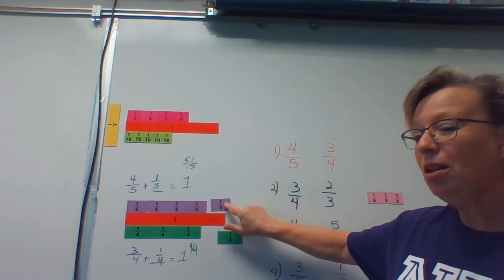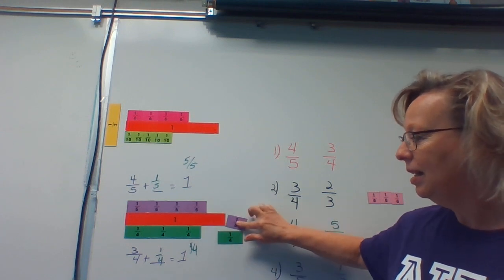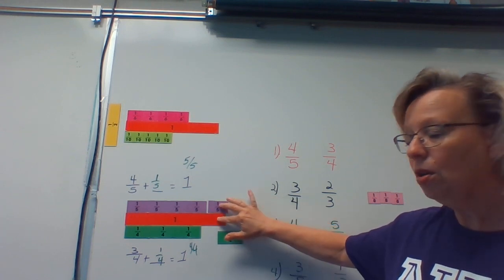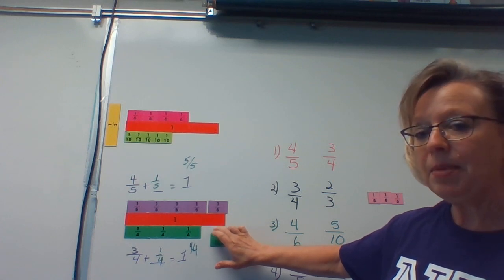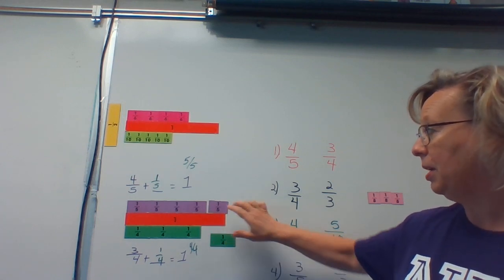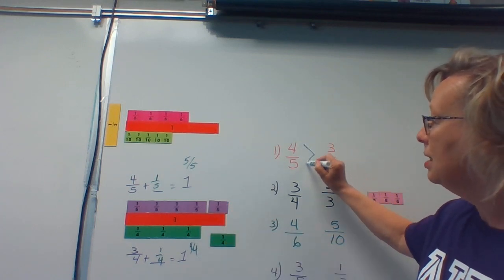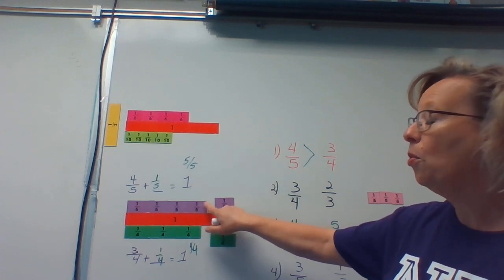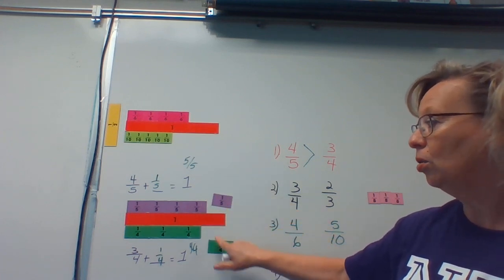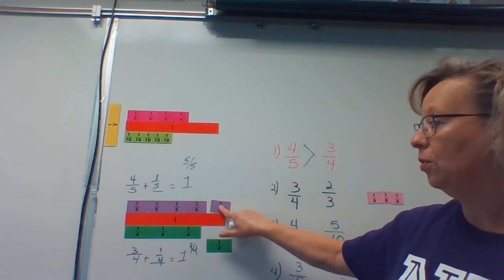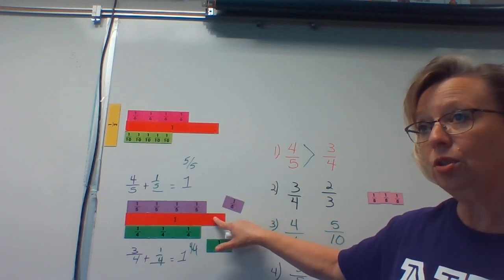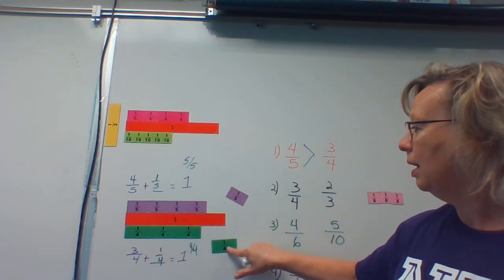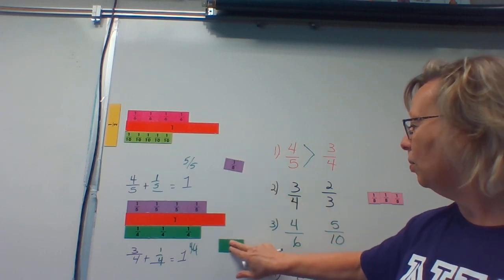This is the smaller piece, so it's closer to the whole than by missing 1/4 of the piece. So in this case, 4/5 is greater than 3/4 because 4/5 is closer to the whole. That's our benchmark. Let's look at another one.